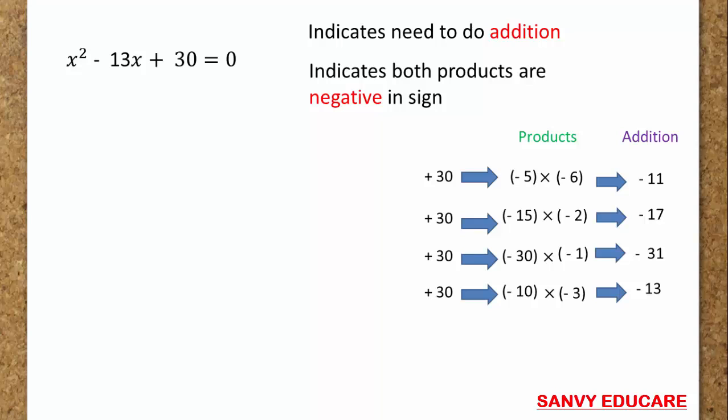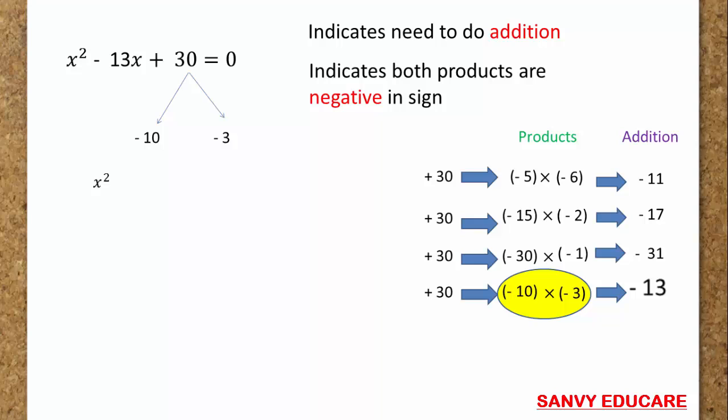In the middle term we want minus 13, and we got it from minus 10 into minus 3. So the factors of 30 are negative 10 and negative 3.